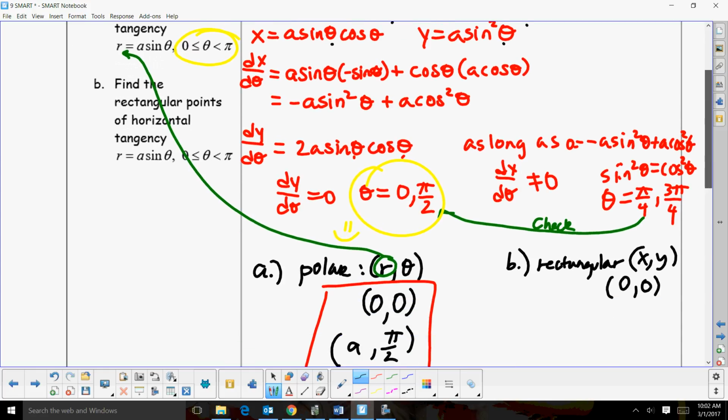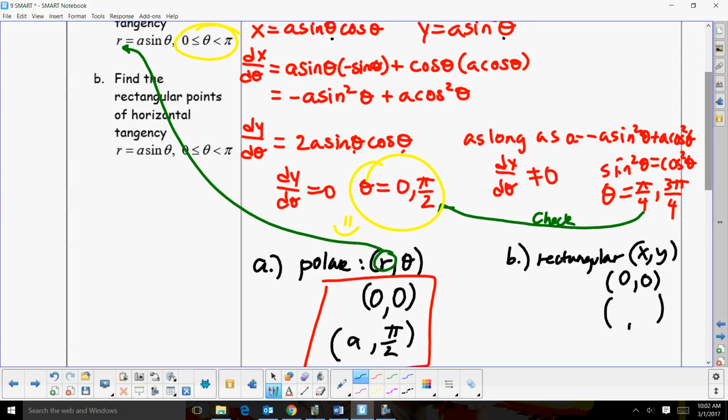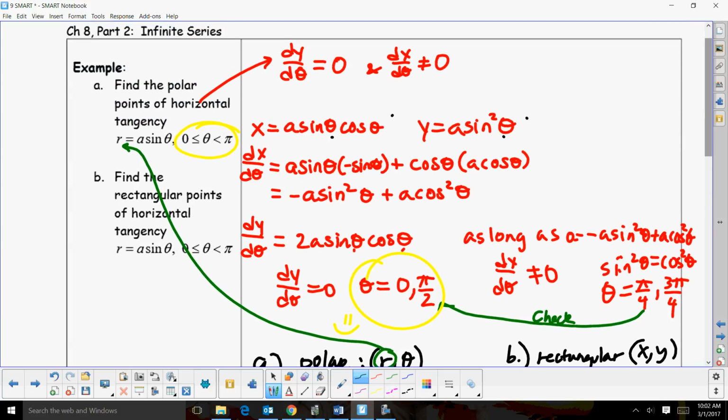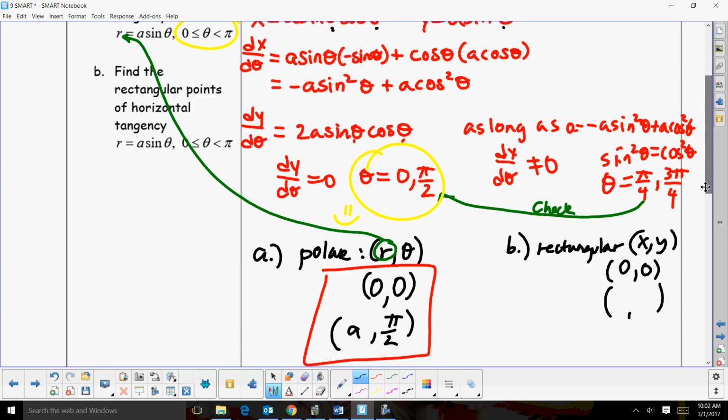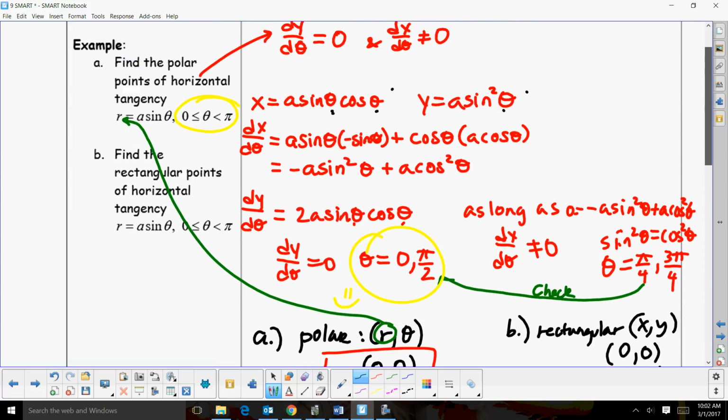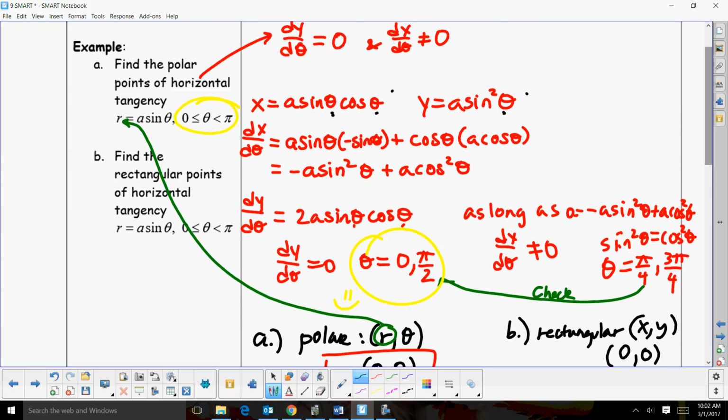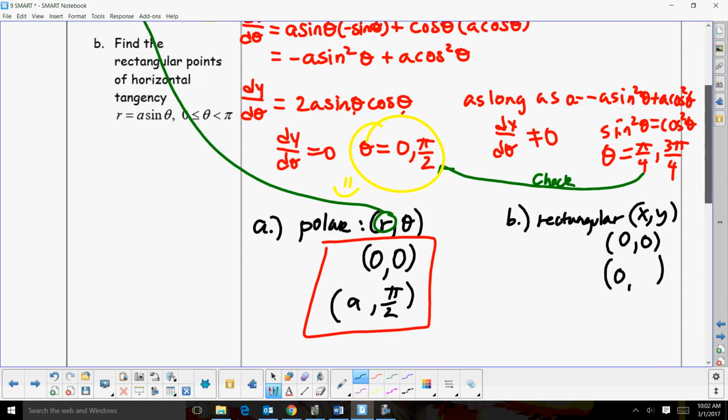Kind of the same. So now let's plug in my pi over 2. When I plug in my pi over 2 here, what do I get out? 0. And when I plug in my pi over 2 here, what do I get? A. 1 times a, which is a.